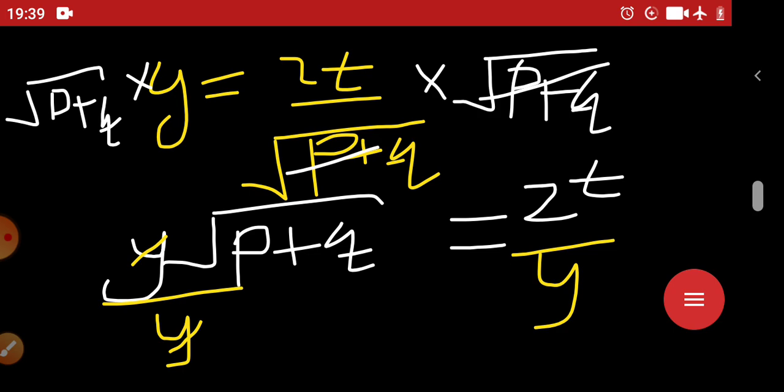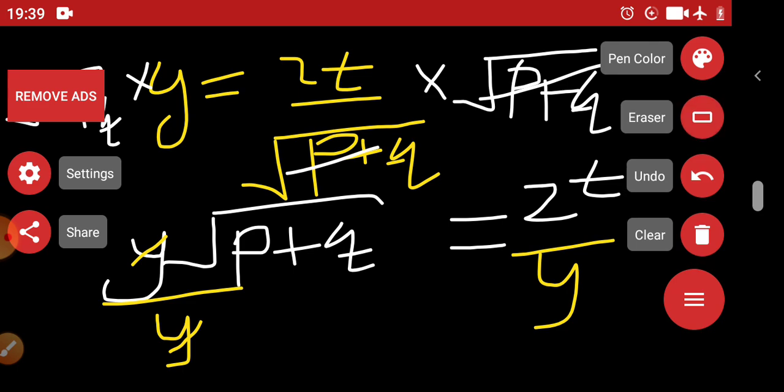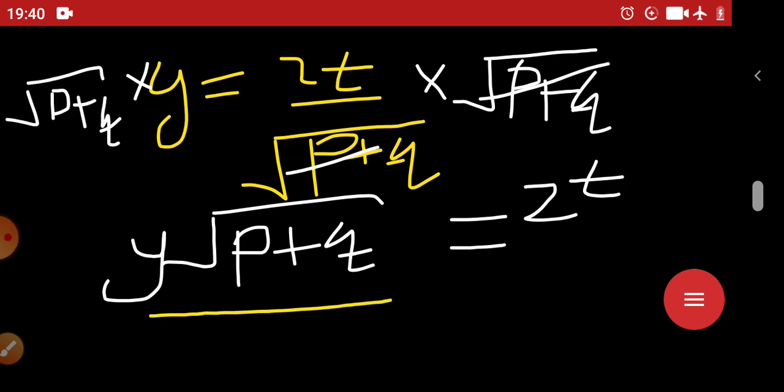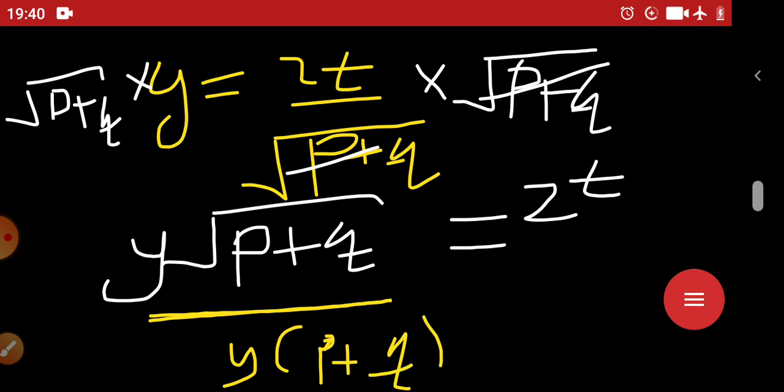Please watch these steps carefully. You can't multiply in here, you can't remove the brackets here. This is not allowed.